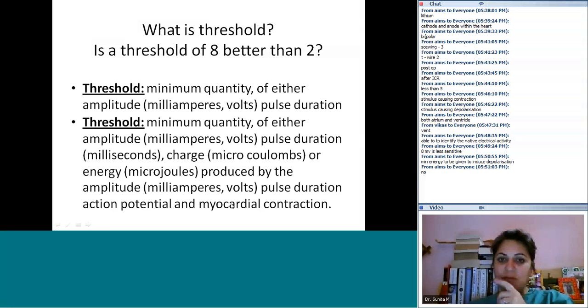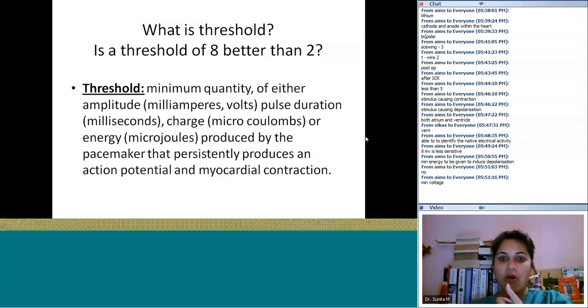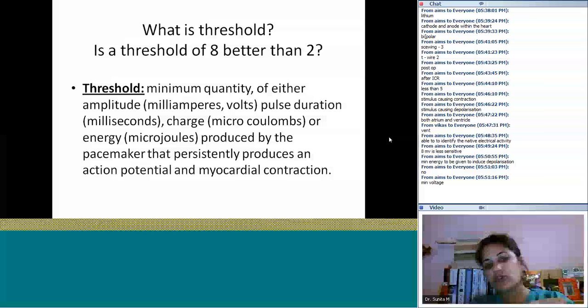So it's the minimum quantity, right, of either, yes, it could be minimum voltage, or it could be pulse duration, or it could be charge, or it could be energy. But it's the minimum quantity of output produced by the pacemaker that persistently produces an action potential as well as myocardial contraction. Okay, so it's not just depolarization. Again, that output has got to produce a myocardial contraction.